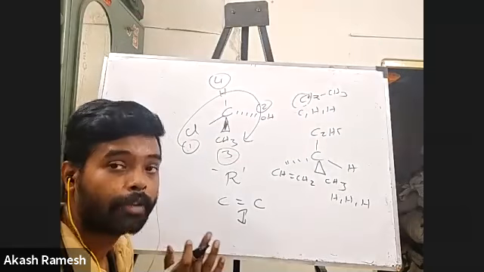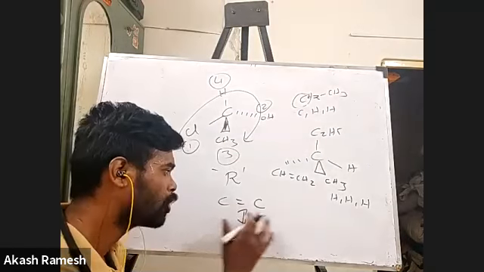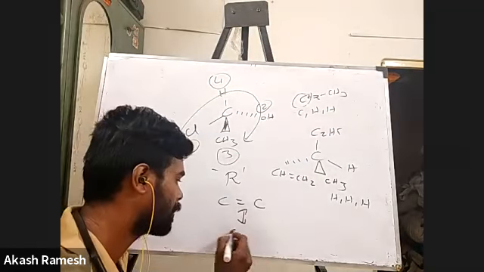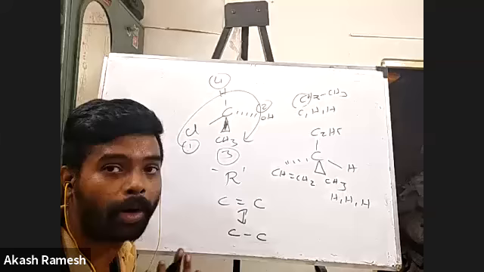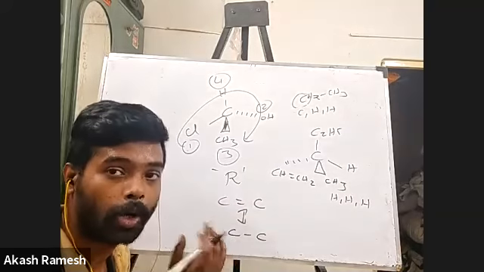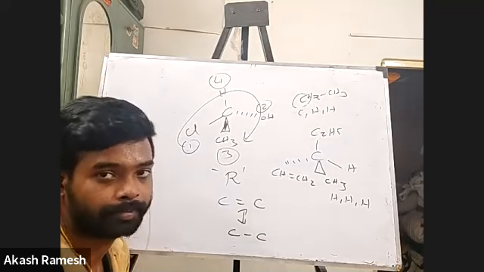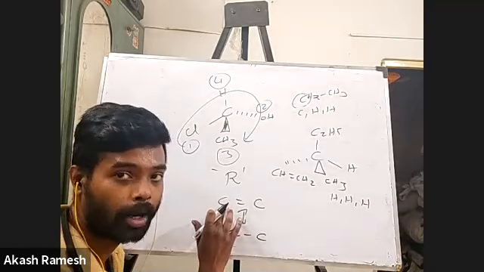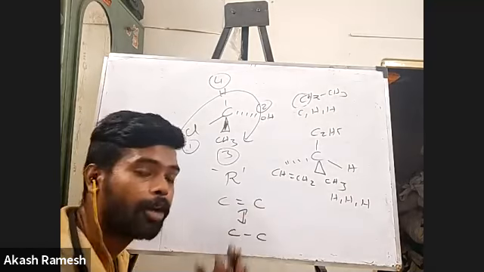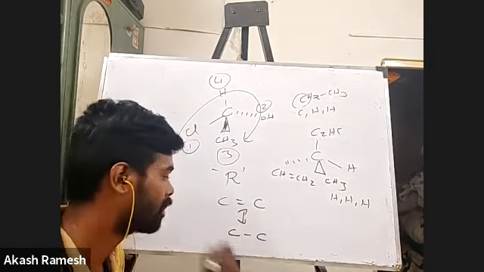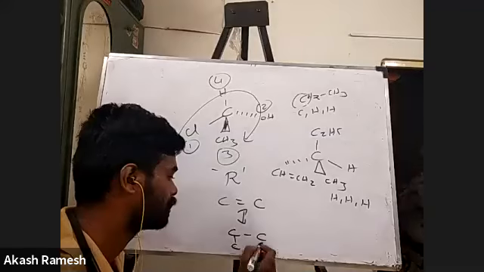You have to make sure there are two. First let me put one carbon atom with a single bond. Now I have to make sure there is one more C-C bond. For this carbon atom there is one more carbon atom attached, and for this carbon atom there is one more carbon atom attached. So I'll write it like this.